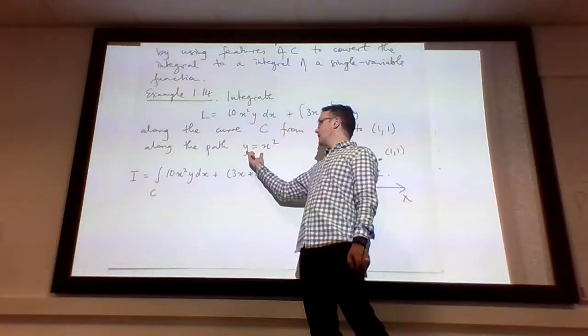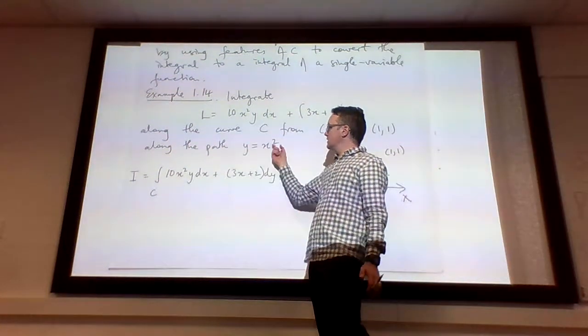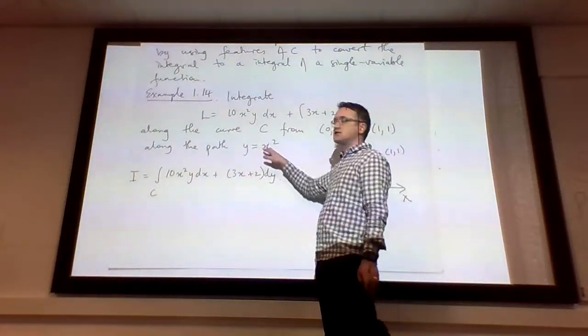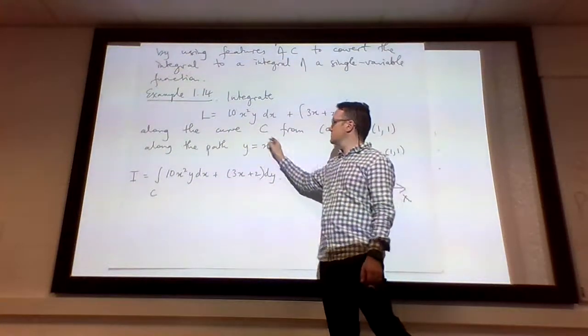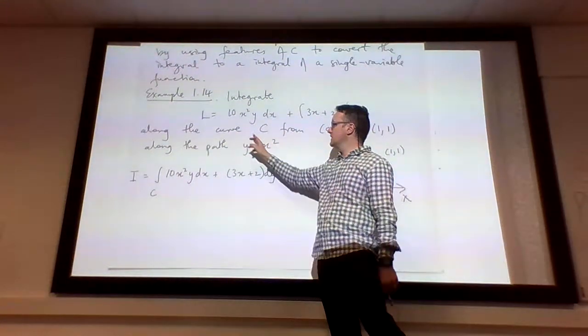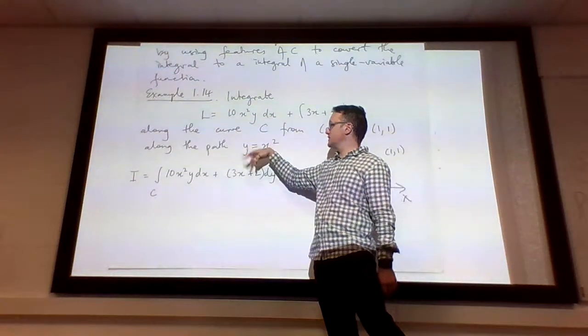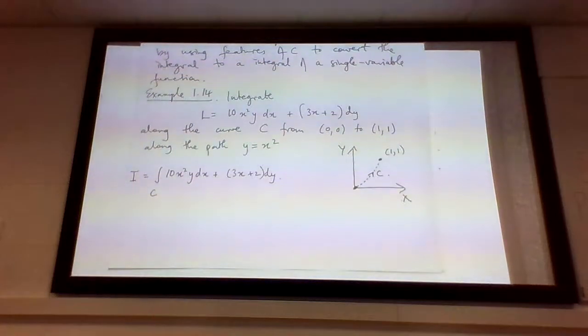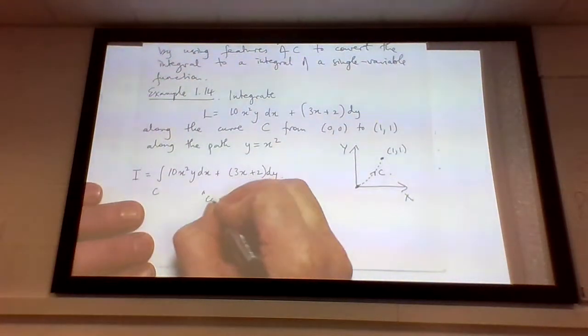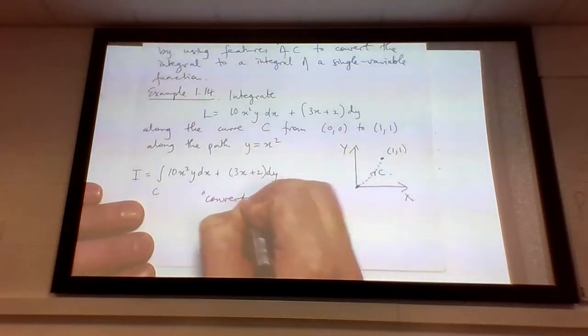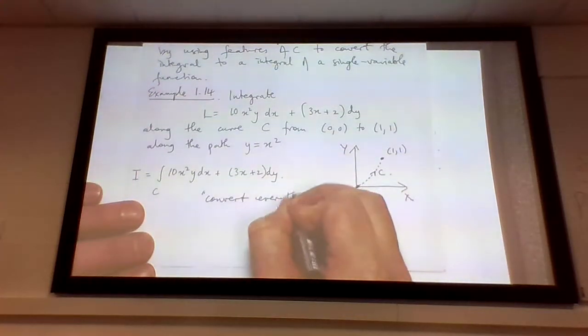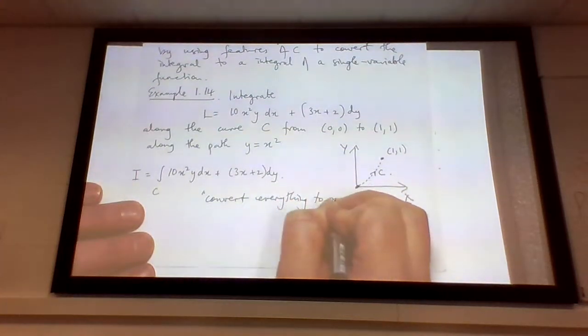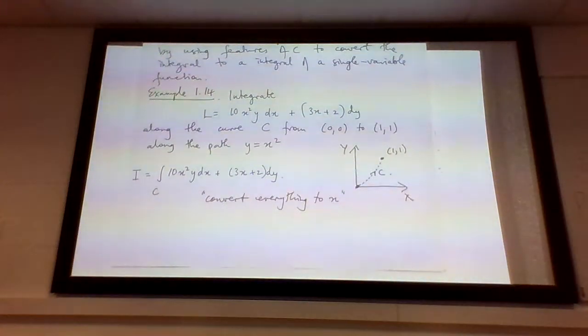Now, the way it's set up, the natural thing to do would be to convert everything into x, because this specification of the path is telling you that you can replace y with the quantity x squared. So we would convert everything to the equivalent expression involving x.